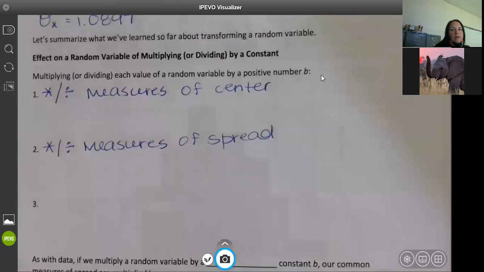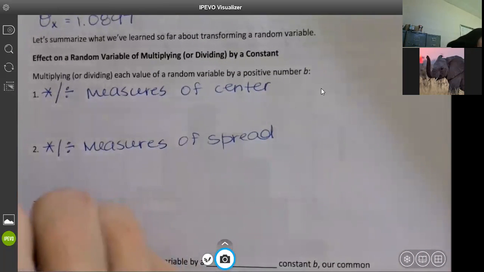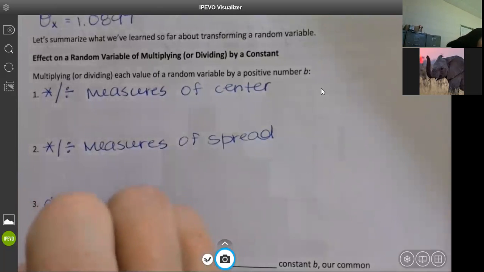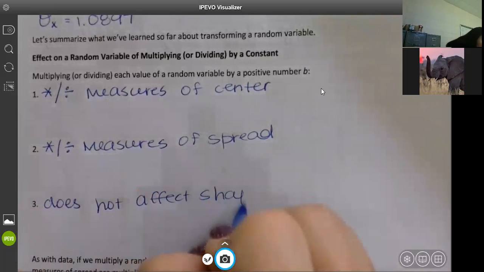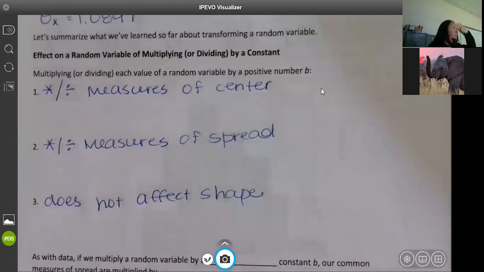But what does it not do? Good. So have we learned anything new? No.